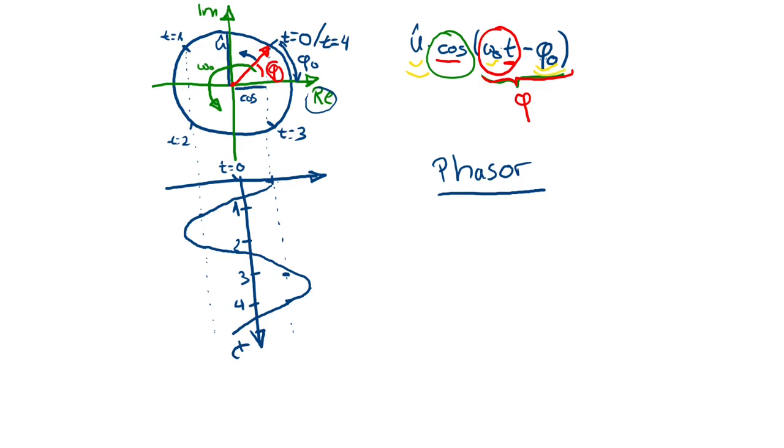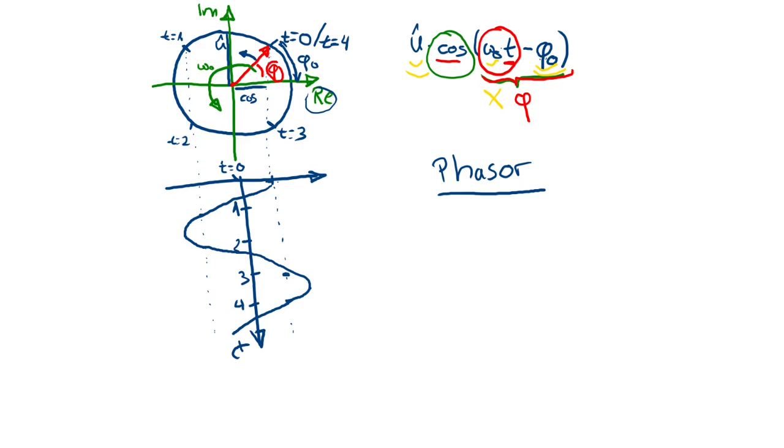Linear time invariant systems, which we consider here, will never change the frequency. So we now find the representation of our monochromatic signal which just contains the amplitude and the phase.